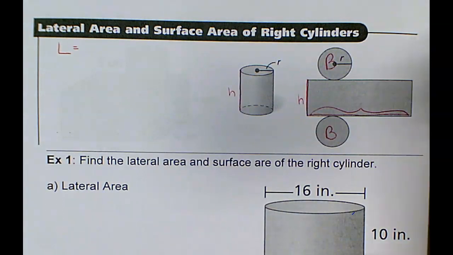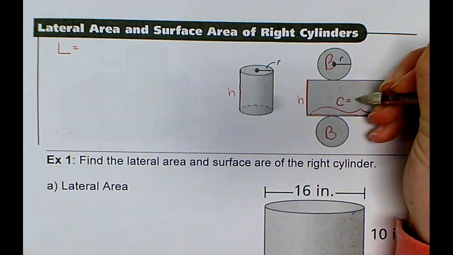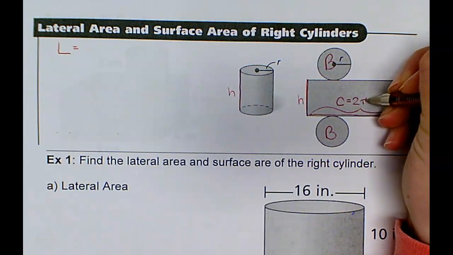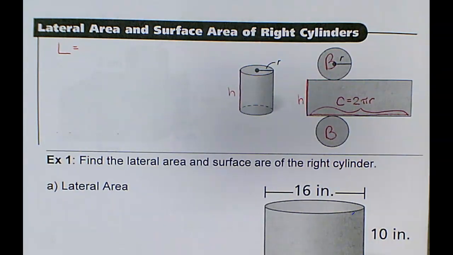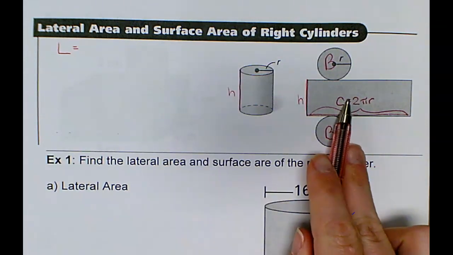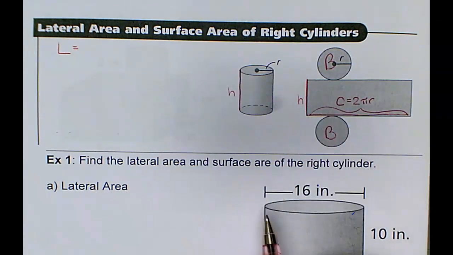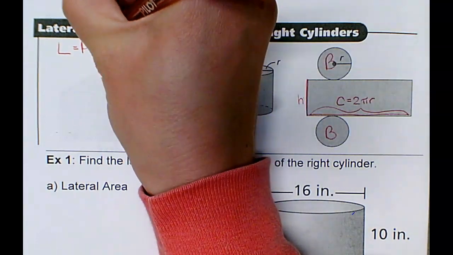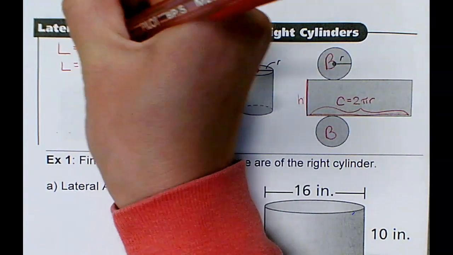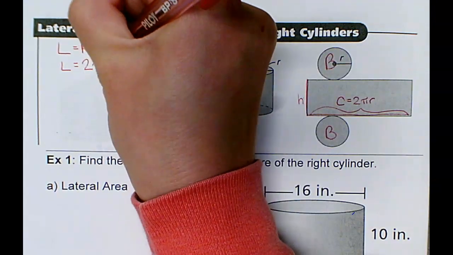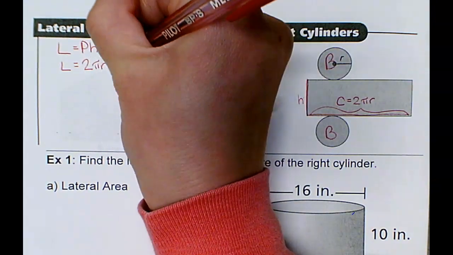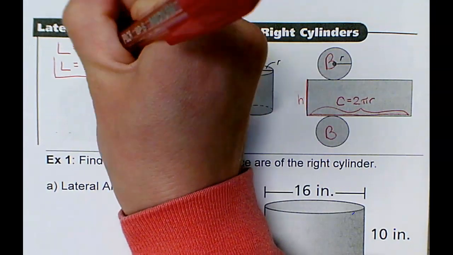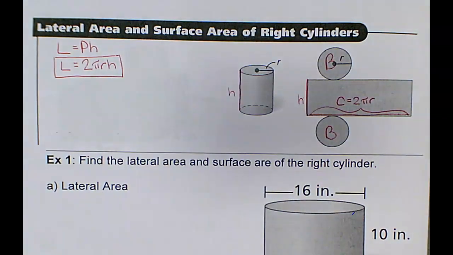It's called the circumference. And the formula for the circumference is 2 times pi times the radius. So the lateral area, the area of this curved surface unrolled into a rectangle, is the perimeter of the base times the height. Well, that would be the circumference of the base, 2 pi r, times the height, h. So this is the formula for the lateral area of a cylinder.